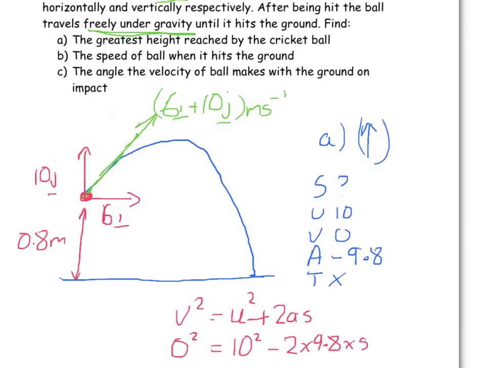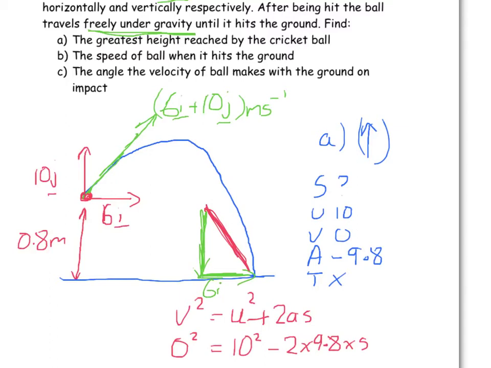Right, question B says find the speed of the ball when it hits the ground. Now, we know the horizontal component. If we look at the final section here, we know the horizontal component is 6i. What we also want to know is the vertical component, and then we can find the actual speed of the particle, or the cricket ball, as it hits the ground.